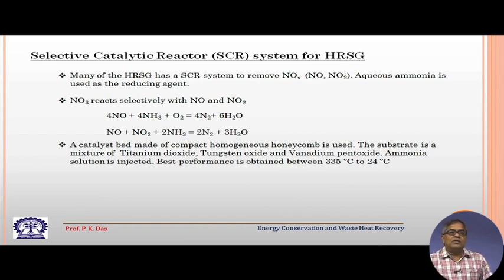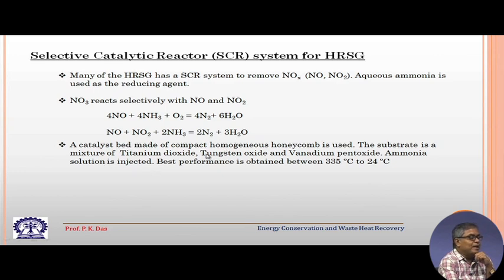Now, in many HRSG, we use a selective catalytic reactor or SCR. That will operate on NOx, particularly on NO and NO2. Aqueous ammonia is used as the reducing agent. Ammonia reacts selectively with NO and NO2, and these are the two reactions which are given, one with NO and one with NO2.